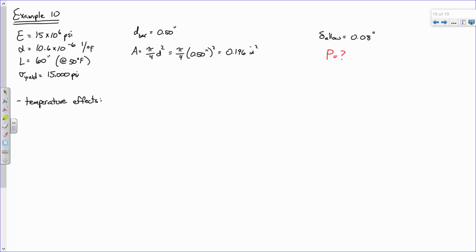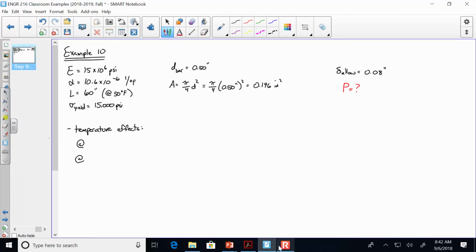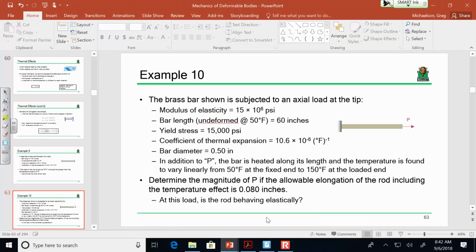What the problem is stating is, let's go back to that, because I want to read it verbatim and make sure that we're understanding what it says. Right here. In addition to P, the bar is heated along its length, and the temperature is found to vary linearly from 50 degrees at the fixed end to 150 degrees at the loaded end.